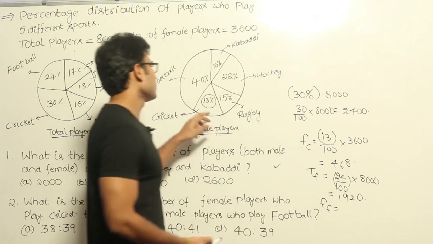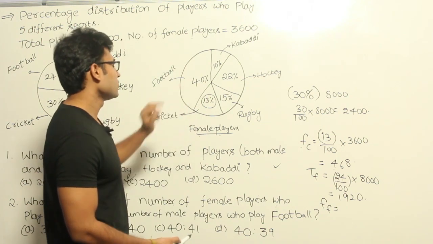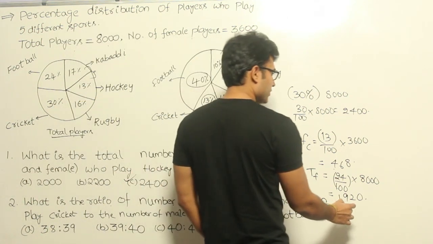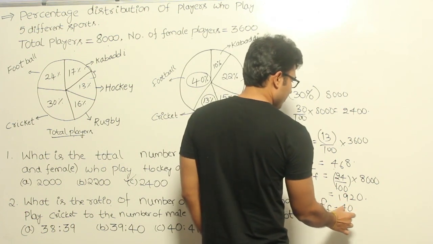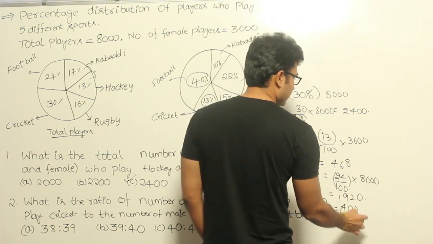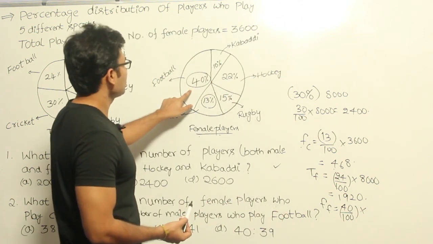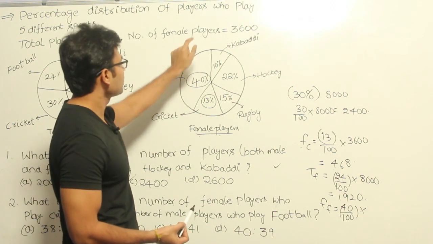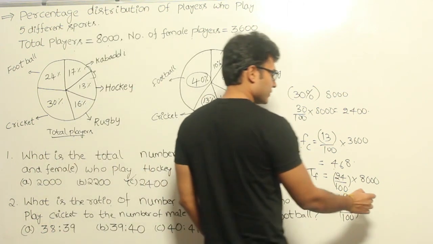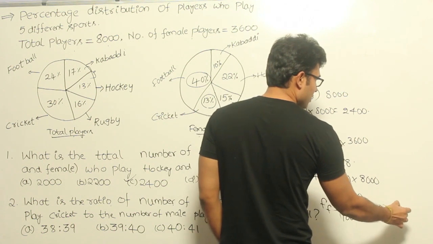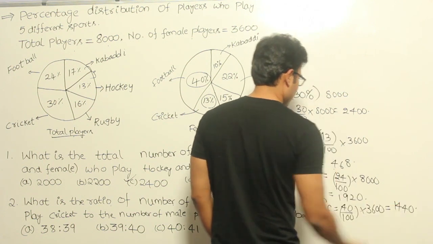Now that one I can get from here, right? Female players who are playing football is 40%. Therefore 40% of, I have to find out 40% of the total number of female players, which is 3600, right? So 3600, this one is going to be 1440, right?